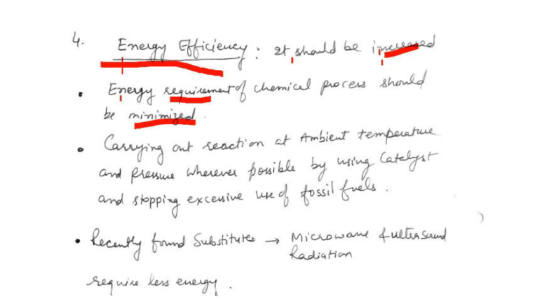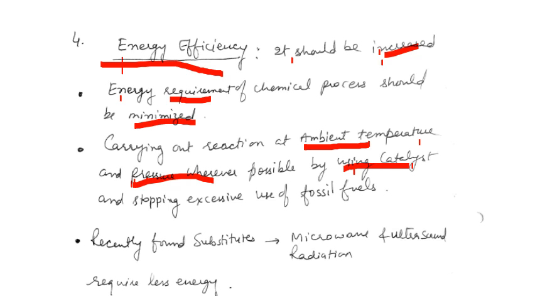The reaction should be carried out at ambient temperature, means at normal or room temperature, and at normal pressure also. Wherever we want such a synthesis, it should be sufficient. The use of a catalyst can also be carried out so that the energy is minimized and we can stop the excessive use of fossil fuels.